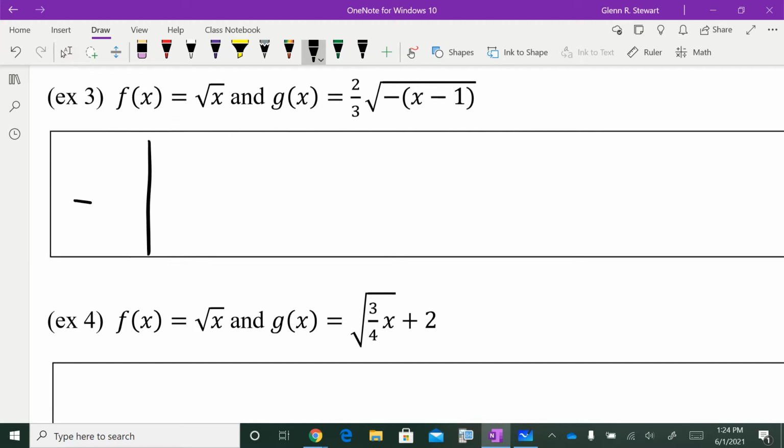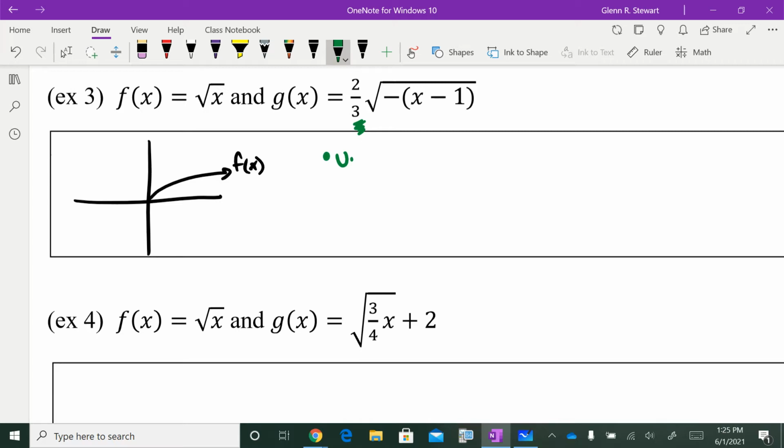Again, because this is a radical, our parent function is going to look like this. Picture that in your mind, and now you've got all these different changes going on. First off, you've got a change out front of your radical. That is between 0 and 1. Since it's outside, it's vertical, and it's multiplication.